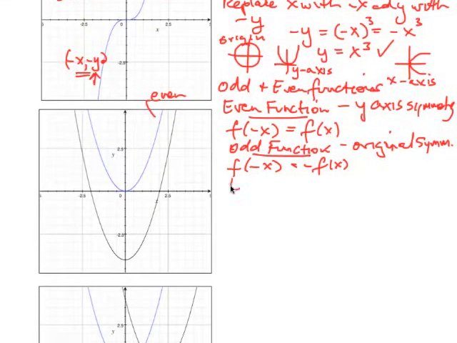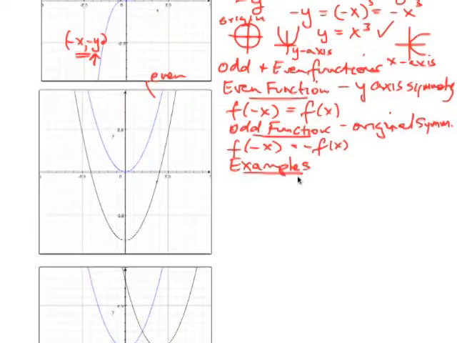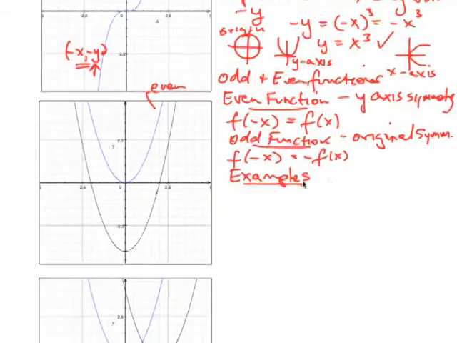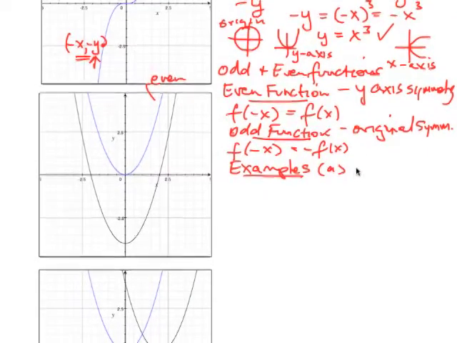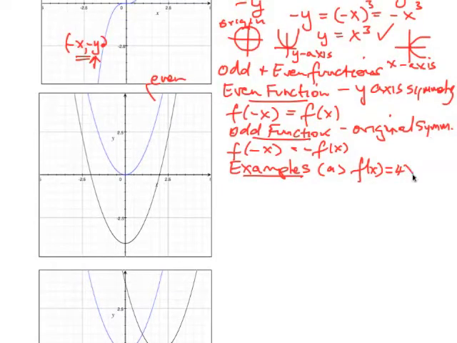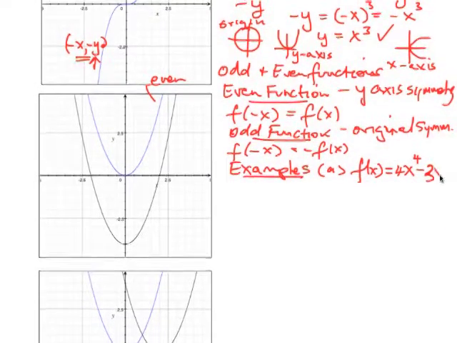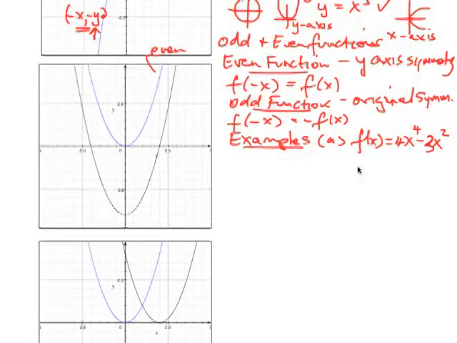So if we look at an example, let's suppose that we test f of x equals 4x to the 4 minus, say, 3x squared.